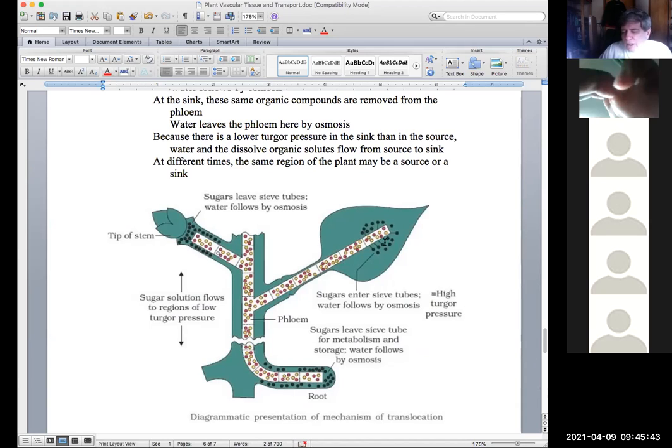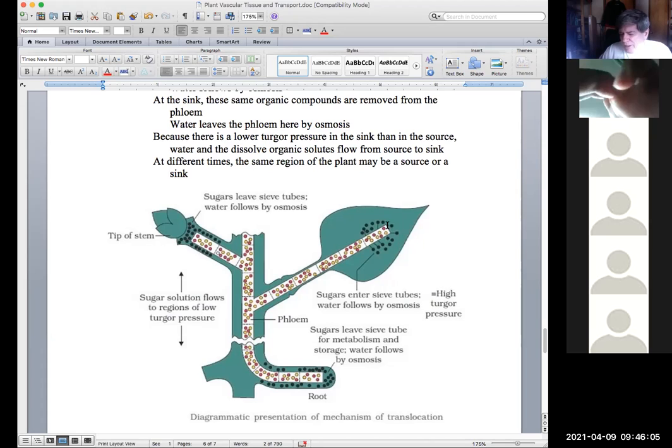So let's look at what happens here. We have a leaf that's making carbohydrates. It's carrying out photosynthesis. The carbohydrate molecules are the black dots. So there's a high concentration of these black dots in the leaf where they're being made.